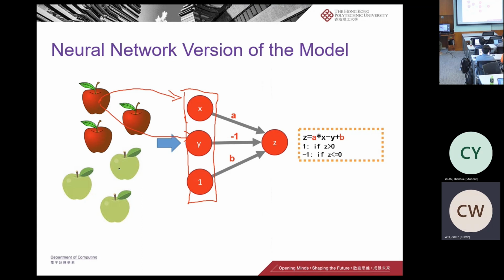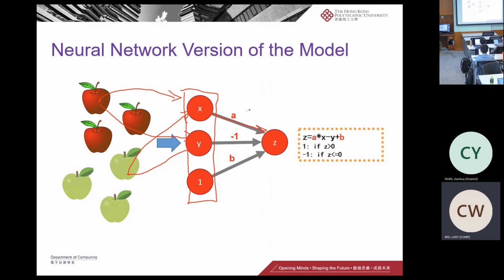And for another example, we do the same, inputting them here. And then we multiply each of these values with the edge connected. Here is the edge connected X to Z.